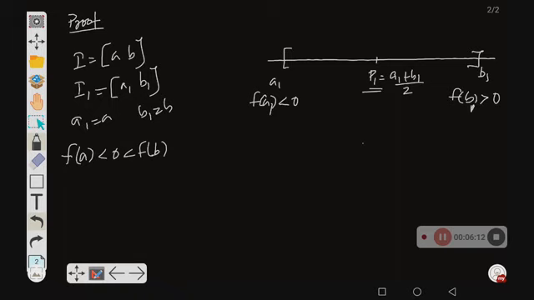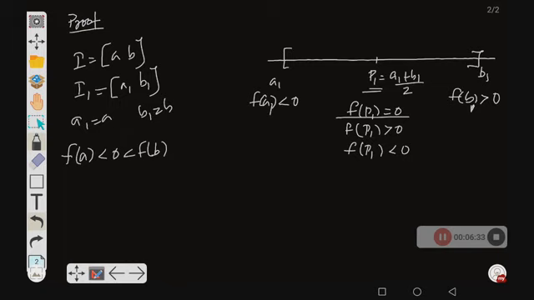f of p1 has three choices: f of p1 may be equal to 0, or f of p1 is greater than 0, or f of p1 is less than 0. If f of p1 is equal to 0, then we want some c according to our theorem, such that f of c equals 0.